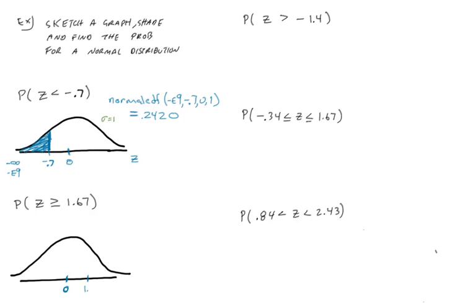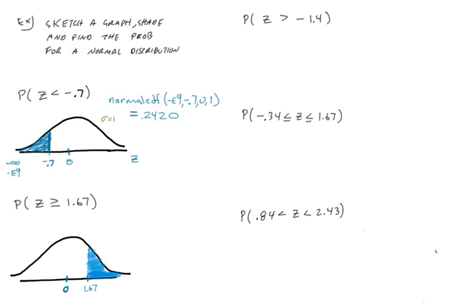Here's another one. There's 0, 1.67 is to the right somewhere, and I want greater than or equal to. Now, in this case, if we use an inequality with an equals or not, it's not going to make a difference because technically the area of a line like this is technically 0. Or for us, it's very, very small that it could just be negligible.